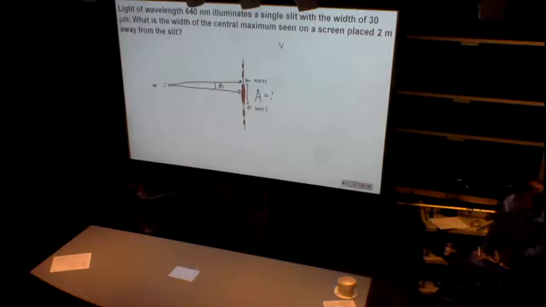The equation which relates the mth minimum angle, wavelength, width is this. So we can use this equation for the first minimum, first.